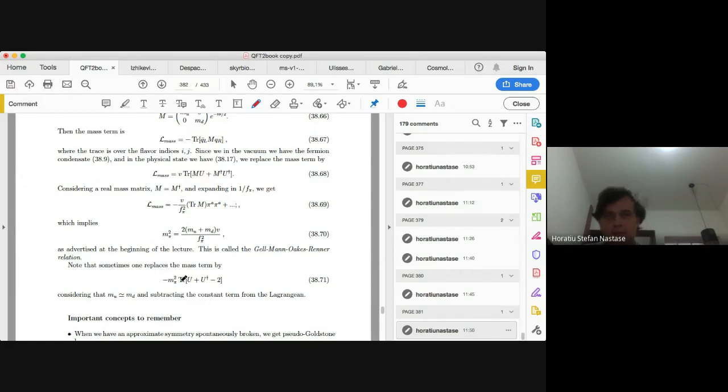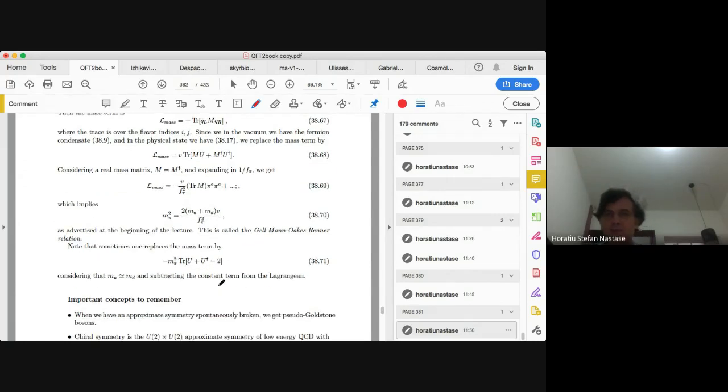So just replace this mass term in the low energy effective action now as minus m_pi squared times trace U plus U dagger minus 2. So this would be the mass term of the pseudo Goldstone boson. Before we wrote the Lagrangian for the Goldstone boson, but the mass term for the pseudo Goldstone boson in the low energy effective action for QCD is usually written like this.